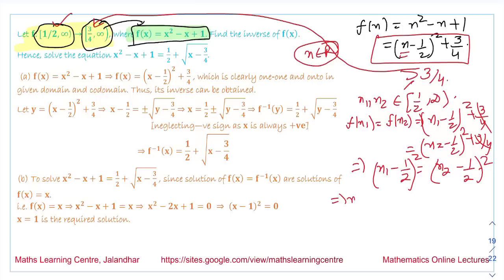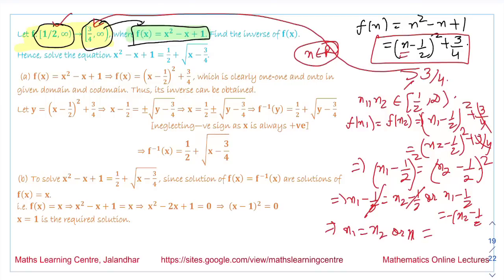So this implies x1 minus 1 by 2 is equal to x2 minus 1 by 2, or x1 minus 1 by 2 is equal to minus of x2 minus 1 by 2, and this gives us, as the 1 by 2 gets cancelled, x1 is equal to x2, or x1 is equal to minus of x2.